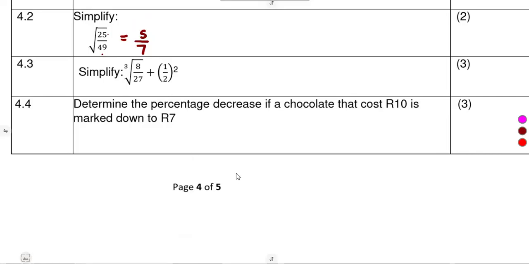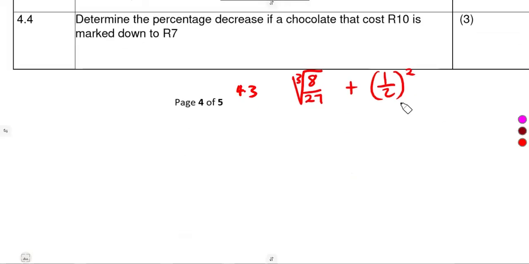All right. Simplify on 4.3. There is a cube root there. So it's the cube root of 8 over 27 plus 1 over 2 to the power of 2. All right, so here you must find the cube root of each. The cube root of 8 is supposed to give us a 2.